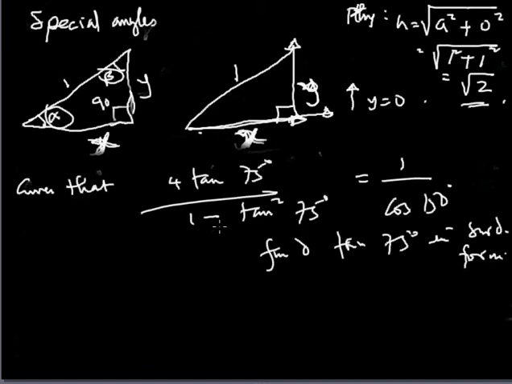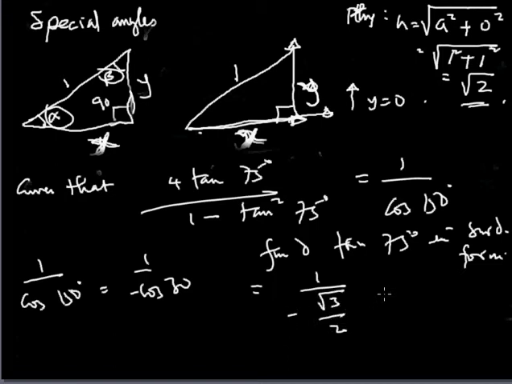Can you see our answer is going to lead us to a short form. So what we have is 1 over cos 150 degree, which is the same thing as 1 over minus cos 30 degree, which is the same thing as 1 over minus root 3 over 2, which is the same thing as minus 2 over root 3.